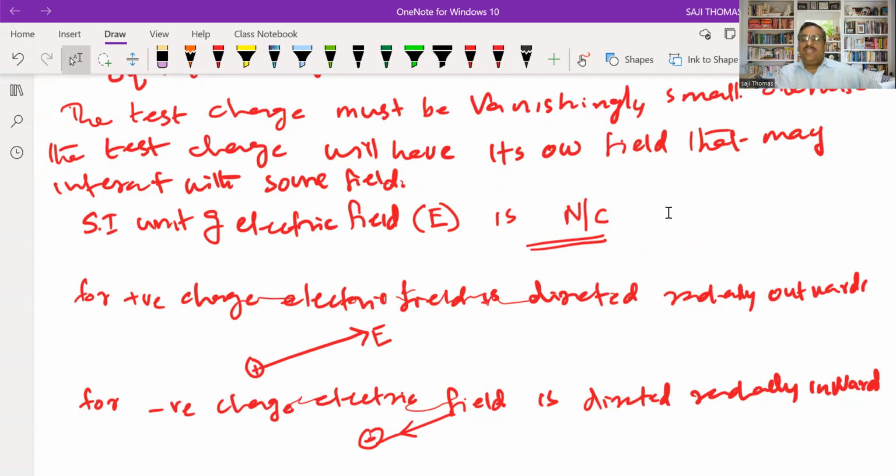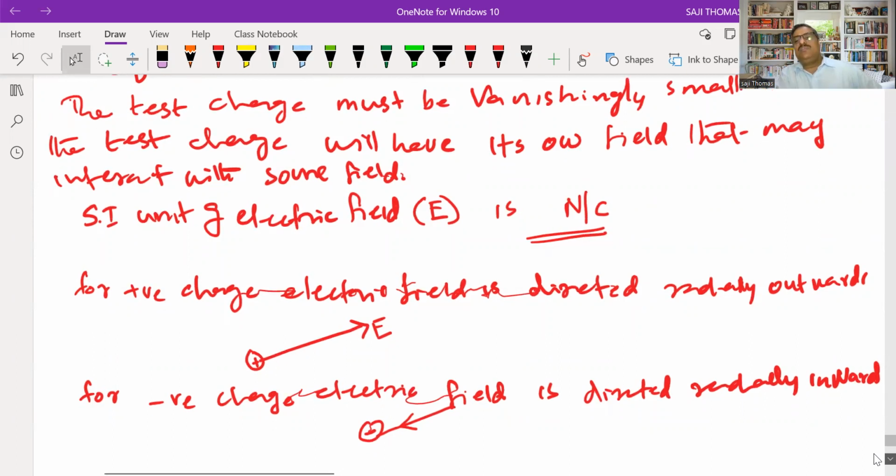Electric field intensity at a point is the force experienced by placing a unit positive charge at that point. The equation for electric field intensity E is F by Q. The equation is limit delta Q tends to 0, F by delta Q.